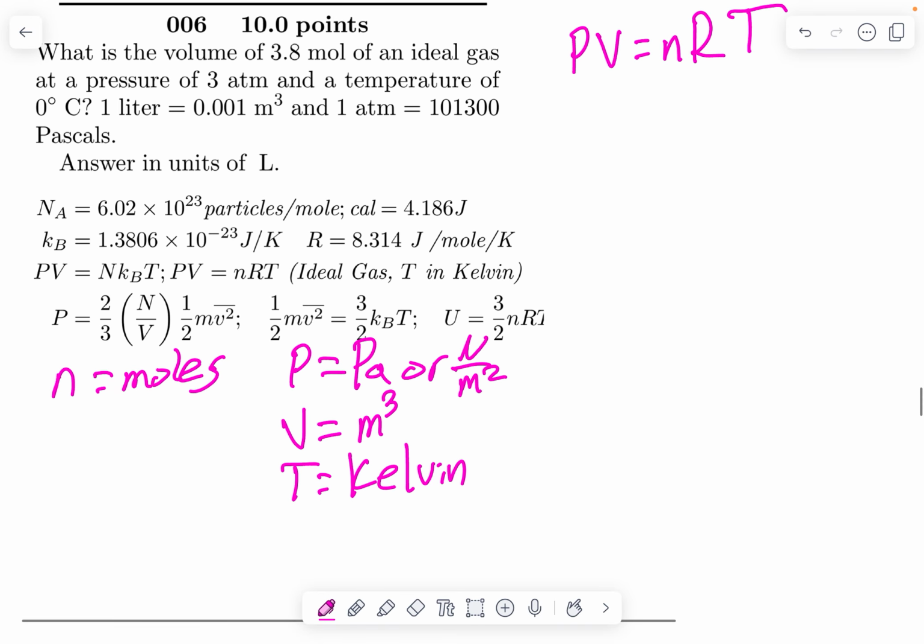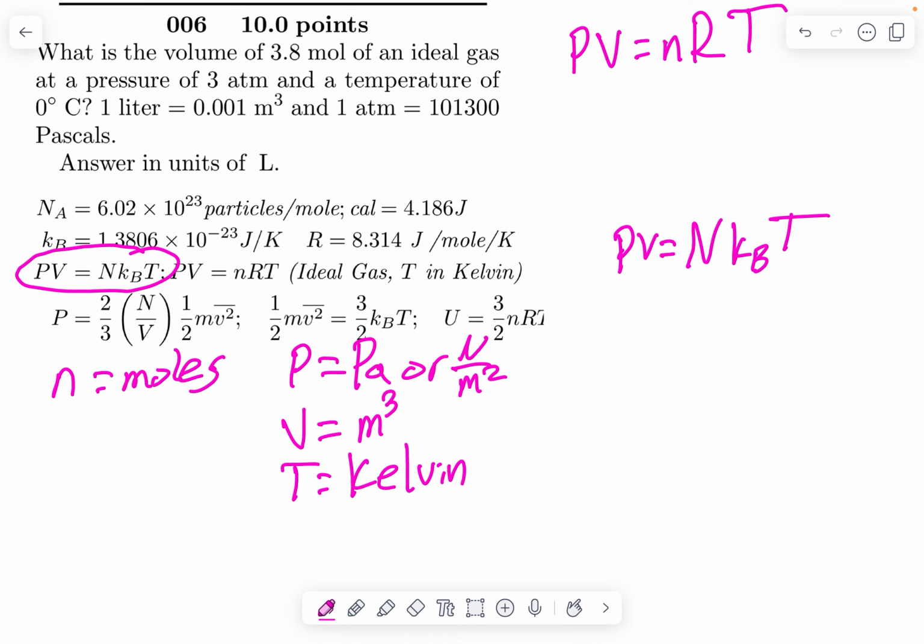So the other equation is this one. PV equals big N k_B times T. Everything's the same. P is still pressure, V is still volume, except this big N is the number of molecules.